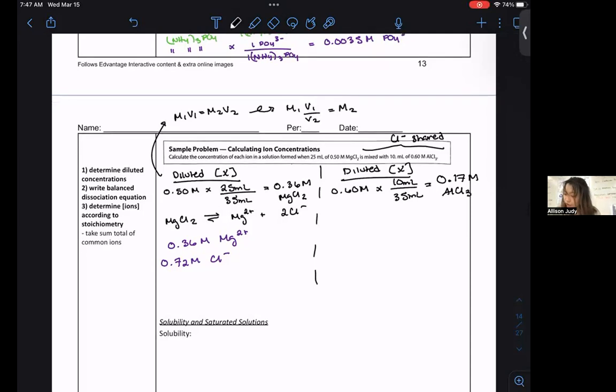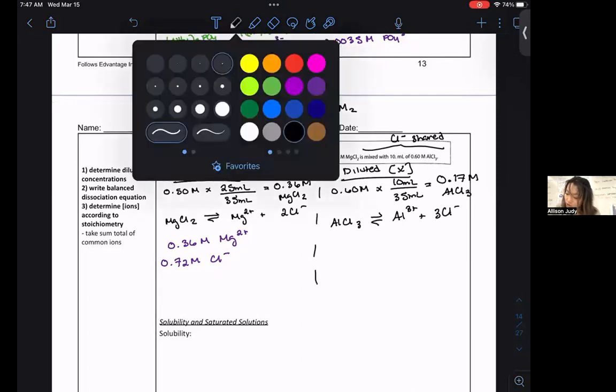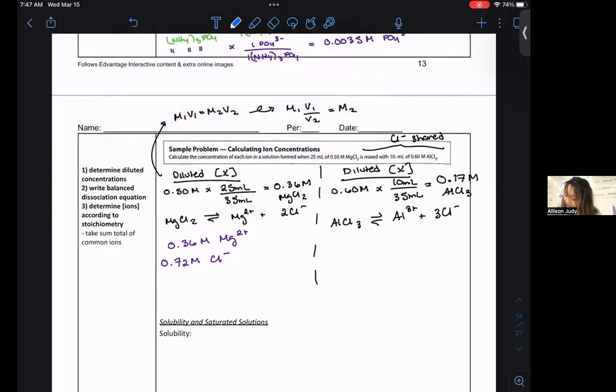Again, you don't have to do this, but you're welcome to clarify the molar ratio between ions produced. I have 1 aluminum 3+ ion produced for every aluminum chloride dissociated, and I have 3 chlorine ions produced for every aluminum chloride dissociated. Then I simply do my math.